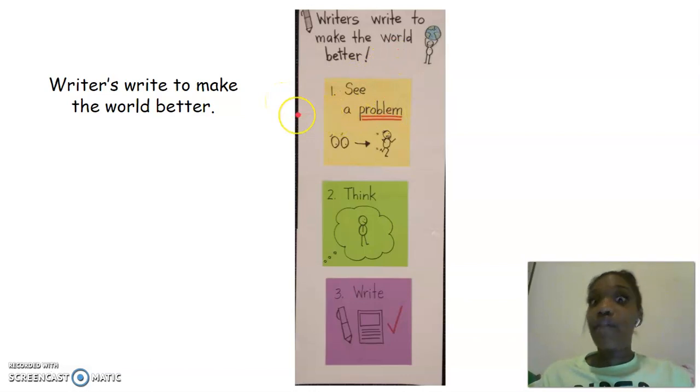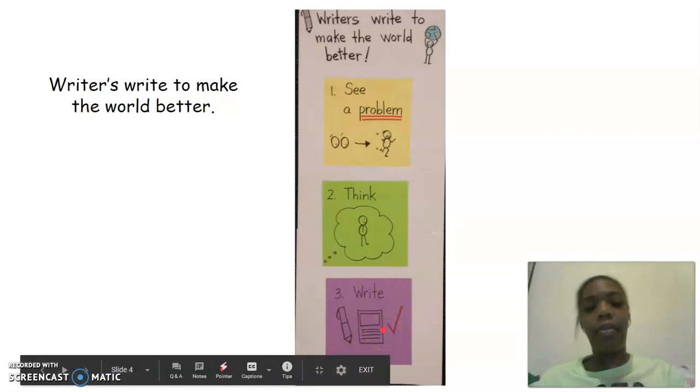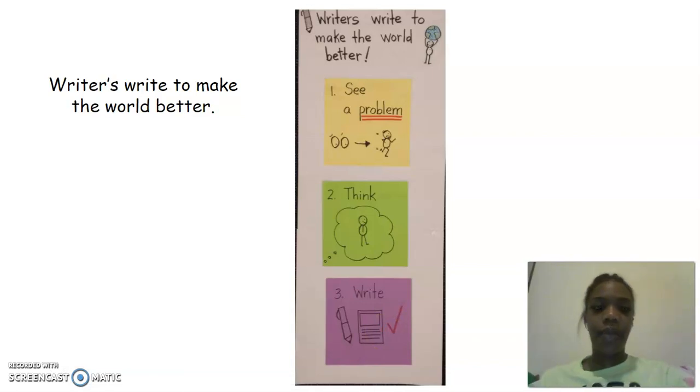Here it says the first thing we do as writers is we see a problem. After we see the problem, we think about that problem, right? And we think about some solutions to that problem. And then we go right on in and we write about the problem and the solution to the problem. Okay.